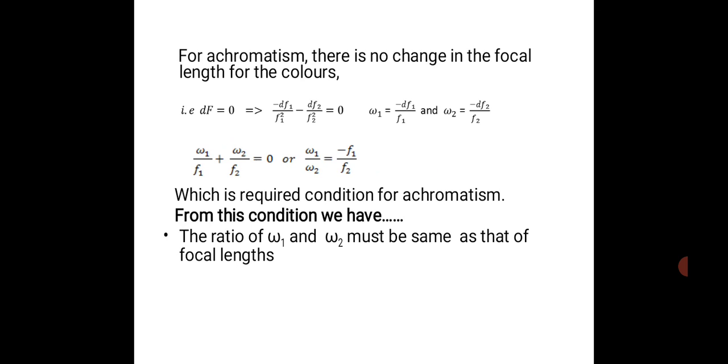Please remember this equation. The condition for achromatism is omega 1 by omega 2 equal to minus f1 by f2. From this condition, the ratio of omega 1 and omega 2 must be the same as that of the focal lengths.